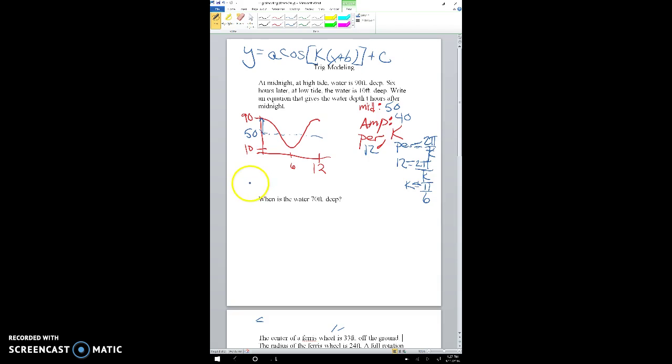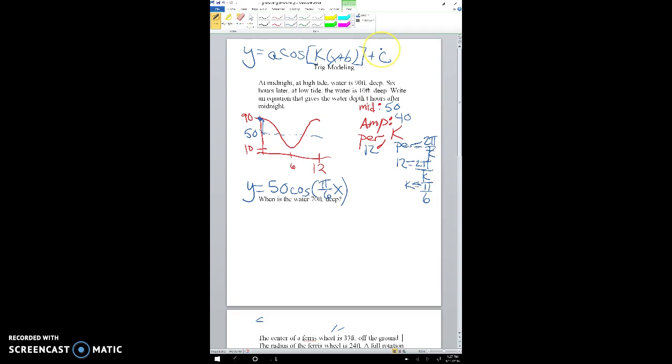A is the amplitude. We know the amplitude is 50. And this cosine cycle started at a maximum, so we know it should be positive 50. Cosine, and then in parentheses, we just figured out that k is pi over 6. There was no horizontal shift, so b is equal to 0. So in the parentheses, it's just pi over 6x.